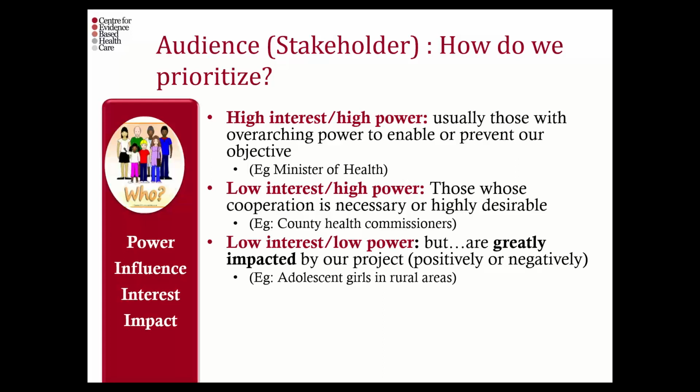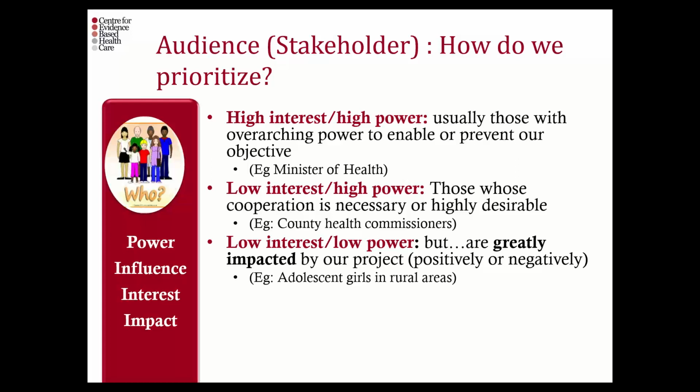Another focus could be on those that are greatly impacted by your project, but they don't know much about the issue, and they don't have much power in the way that we traditionally think about power. For example, adolescent girls in rural areas.